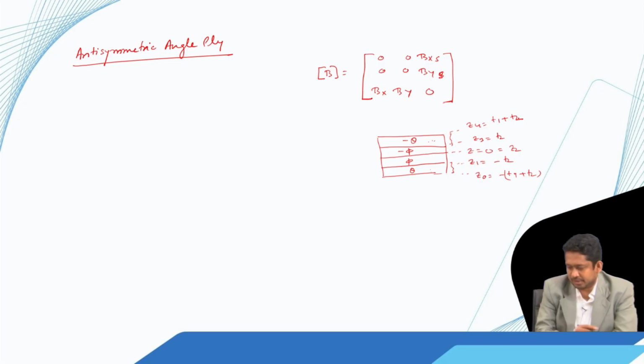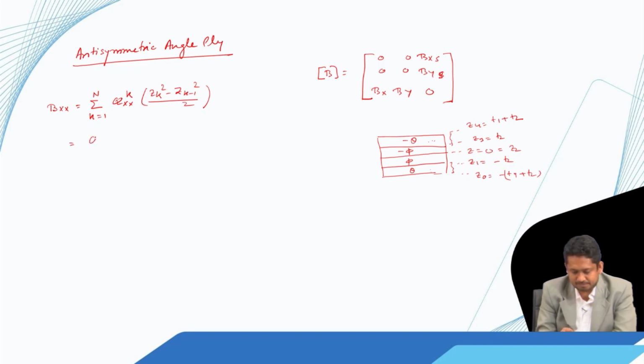Now, if we look at any of these terms, suppose Bxx, for Bxx the expression is summation of k equal to 1 to n of Qxx of k multiplied by zk square minus zk minus 1 square by 2.